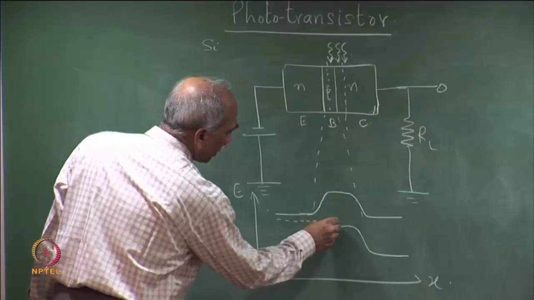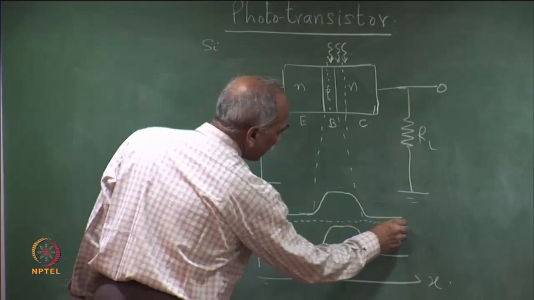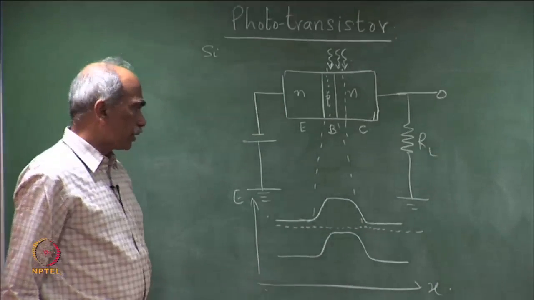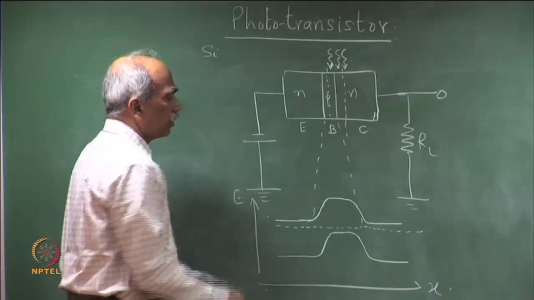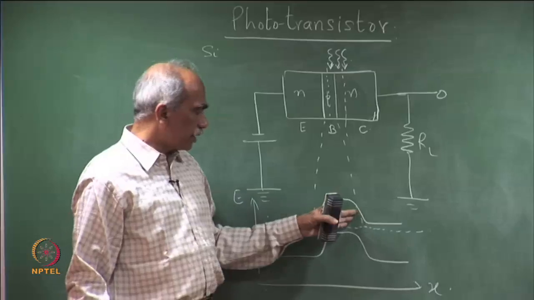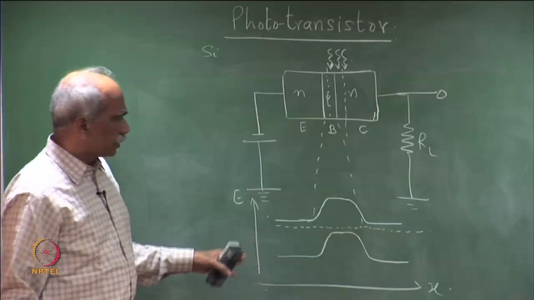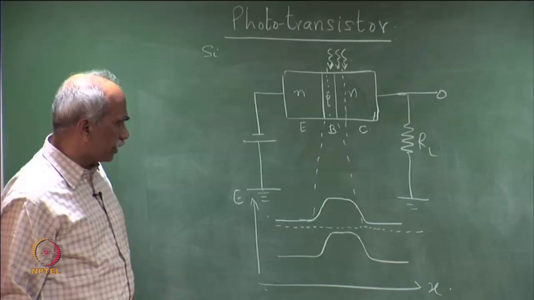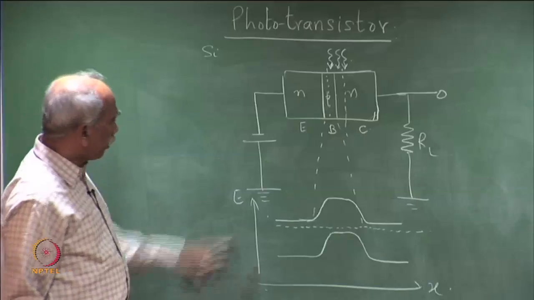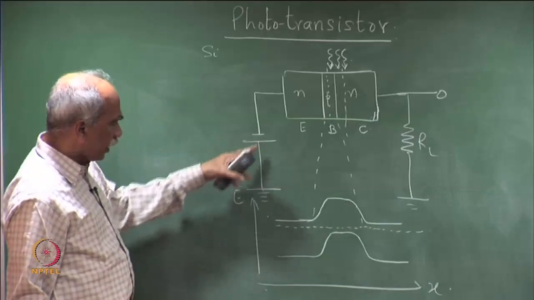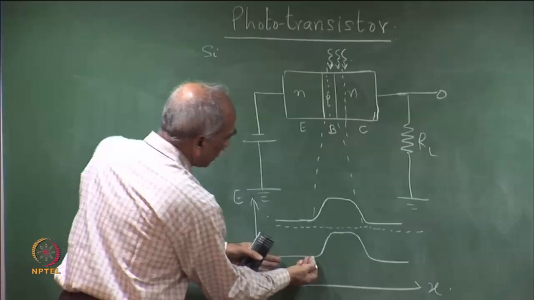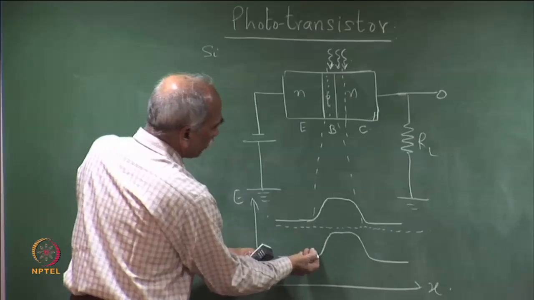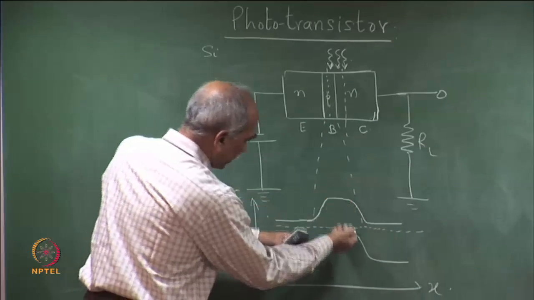Before you apply any bias, the Fermi level is constant all around, and there is a steady state. The net carrier flux travelling in this direction is equal to the carrier flux travelling in the opposite direction. So, there is no net current. But when you bias here, forward biasing this end, this end moves up, or this end comes down.